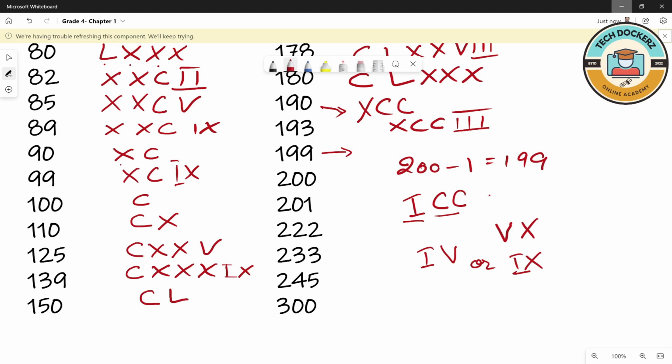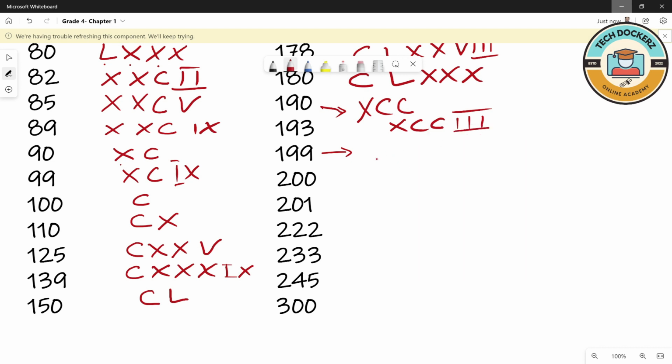So we cannot write ICC. Let's erase this. So now how can we write 199? As we learned, XCC represents 190 plus 9. All right.